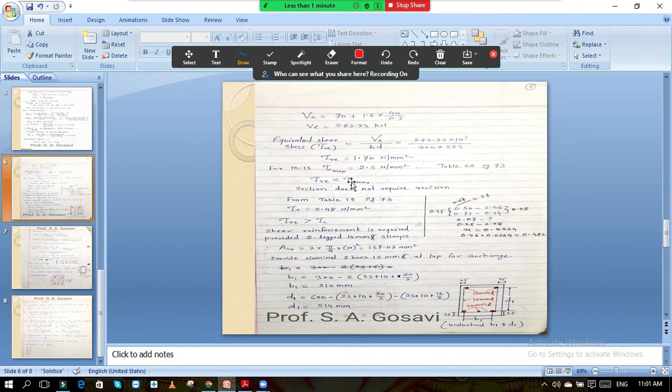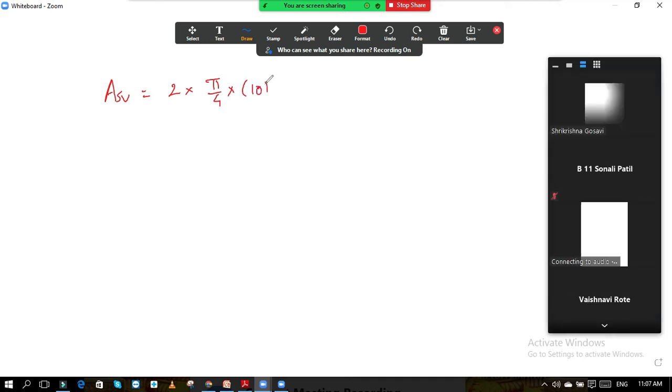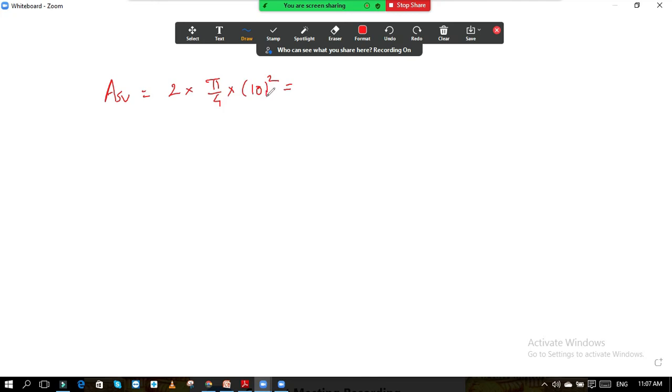Now if we provide this stirrup, then calculate the area of steel for the stirrups. So area of steel for the stirrup ASV is equal to, it is a two legged stirrup, 2 into pi by 4 into 10 square. Calculate this.